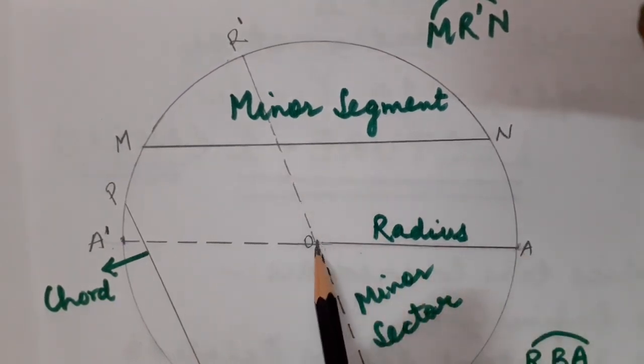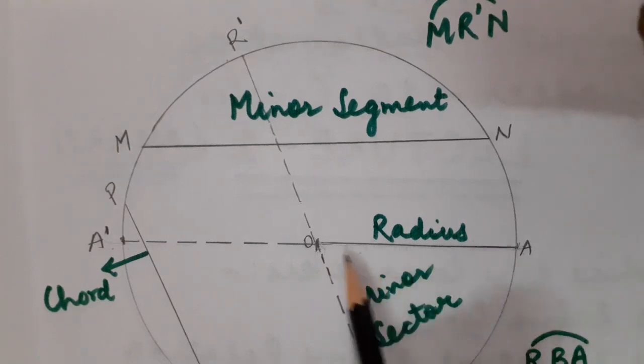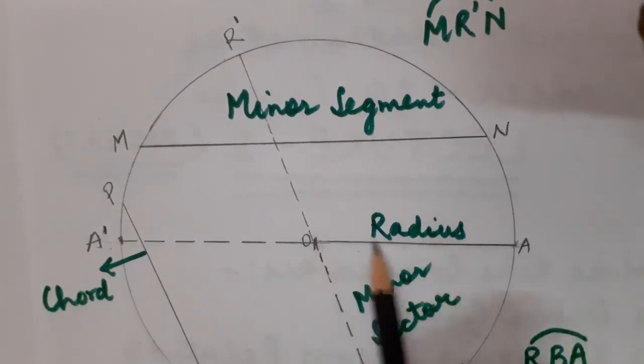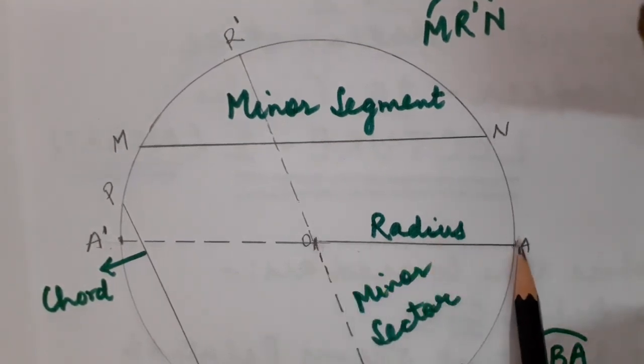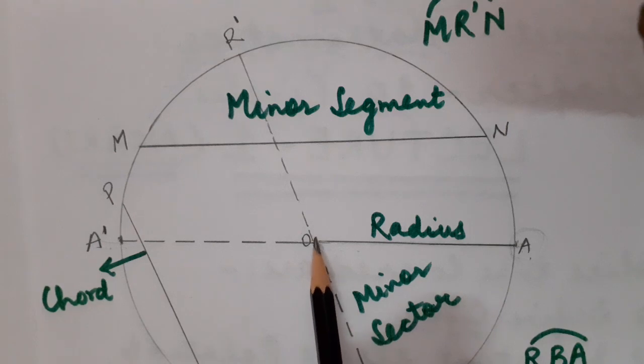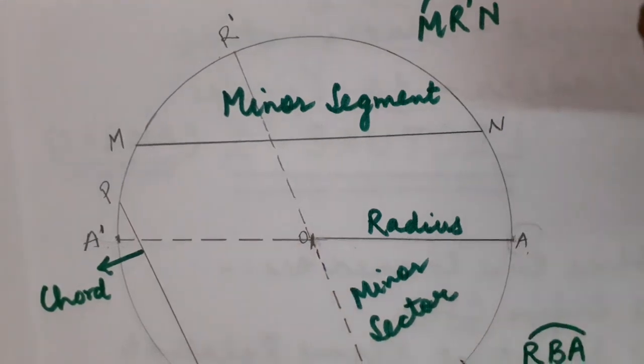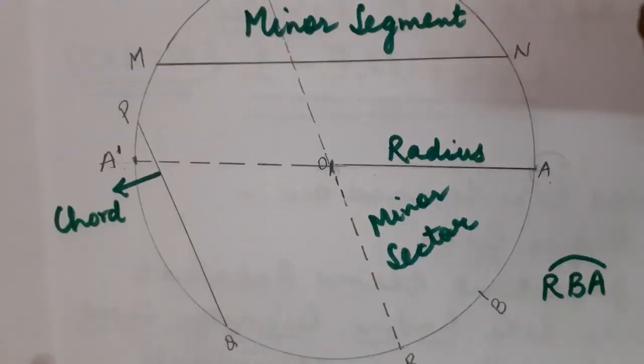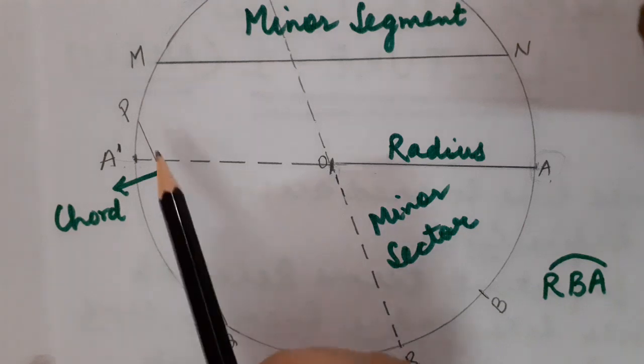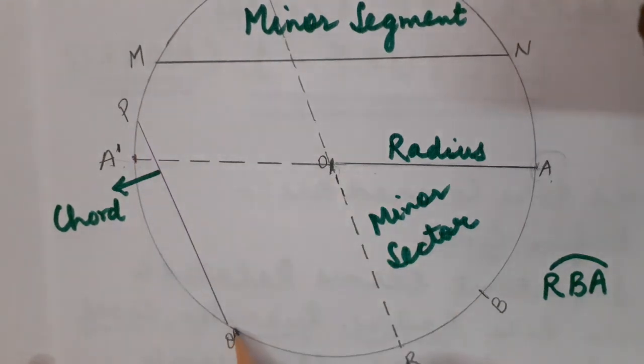If somebody asks you what will be the definition of radius, then what will you say? Radius is a line segment whose one end point lies on the circumference, or I should say the boundary of the circle, and the other end point is the center itself. Correct, students? Now the next term is, what do you mean by chord? Here, children, you can see that PQ is a chord.